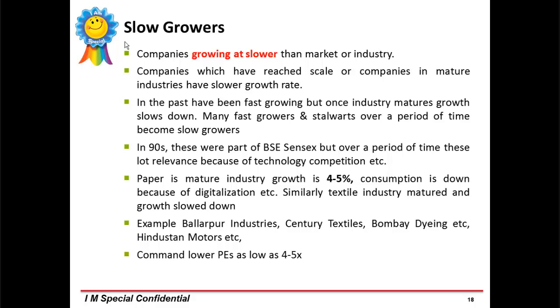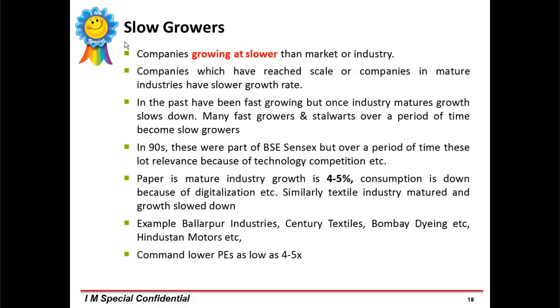Many fast growers and stalwarts over a period of time become slow growers. In the 90s, these companies may have been part of the Sensex, but today they have lost relevance. Paper is a mature industry growing at 4 to 5%, but because of digitalization etc., consumption is not there. Similarly, textile is another mature industry and growth has slowed down.